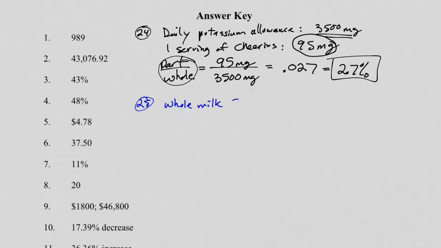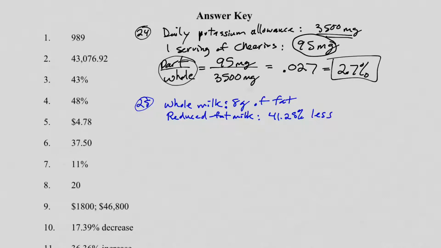So whole milk has 8 grams of fat, and then reduced fat milk contains 41.25% less fat. So this is going to have 41.25% less, okay, than whole milk.